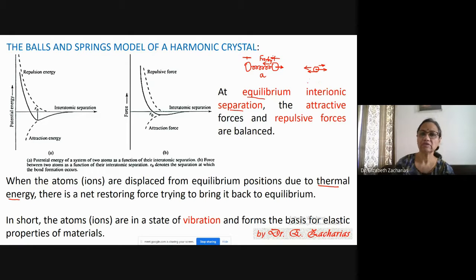So this idea of restoring force, you can bring in only if you imagine two atoms or two ions, adjacent ions, as hard spheres connected by a spring. And it is this spring behavior that explains a lot of elastic properties of materials. Clear?